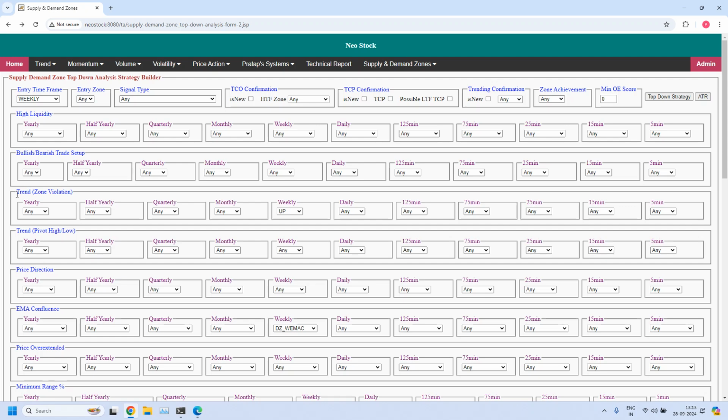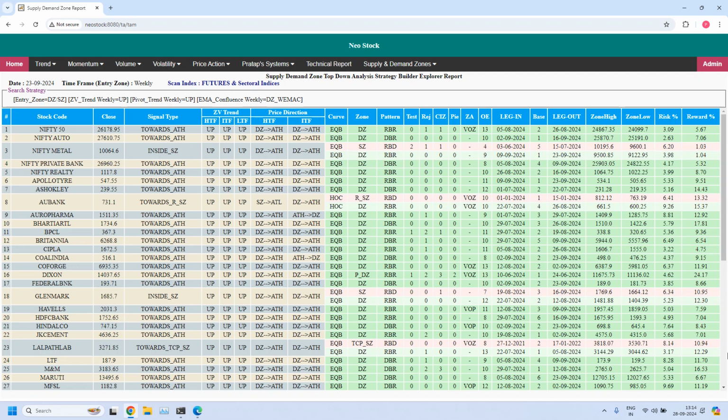Okay, now to further filter, I am going to add even swing high-low, that is nothing but pivot high-low trend on weekly time frame is also uptrend. If both the trends are uptrend, those stocks are more stable. That way we can understand. Still it is a big list, but let's verify.